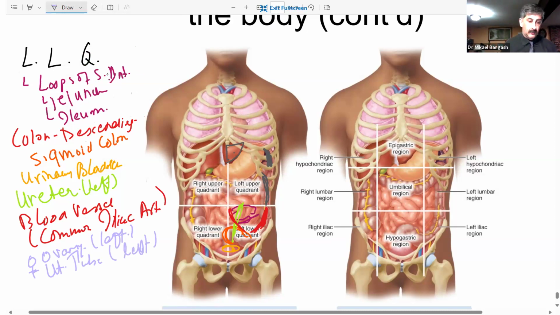You may find things such as the fundus and body of the uterus. Or left side, left part of the fundus and the uterus.